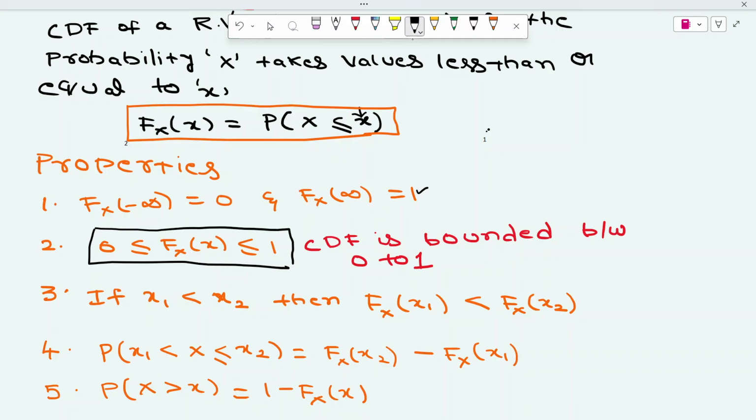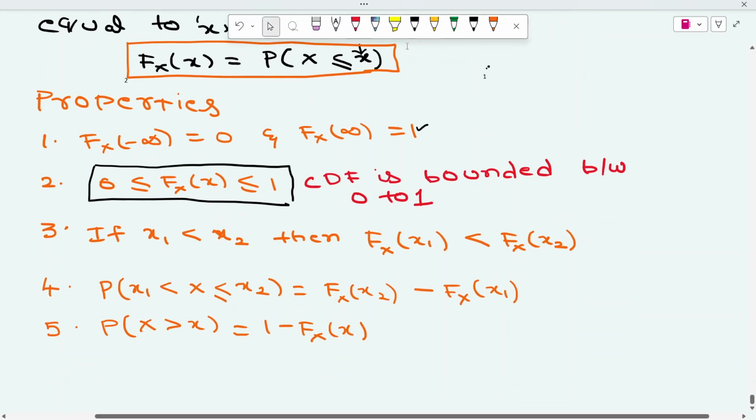And next, the third property is if x1 is less than x2, that is, x2 is a bigger number than x1, then Fx(x1) is also less than Fx(x2). And the fourth property is the probability of x1 less than X less than or equal to x2 is given by Fx(x2) minus Fx(x1).